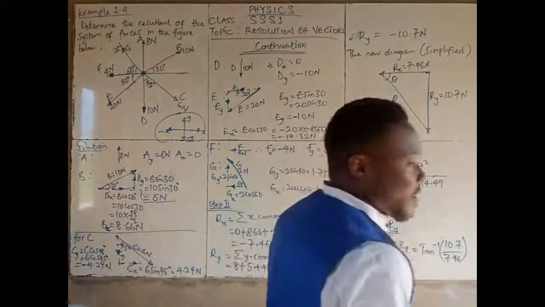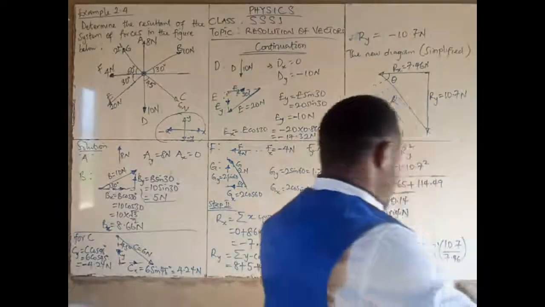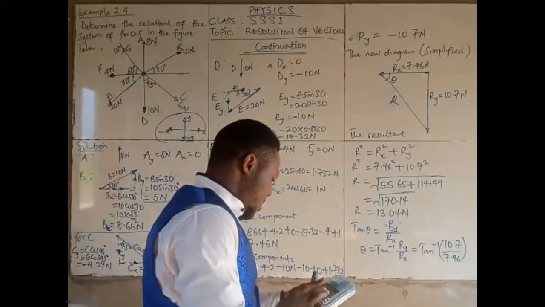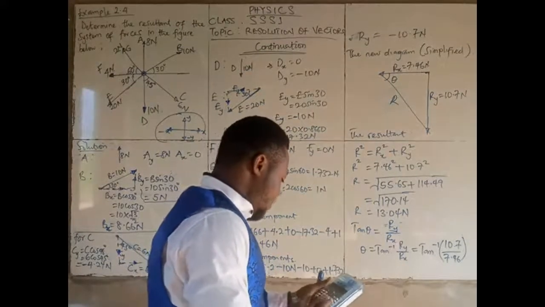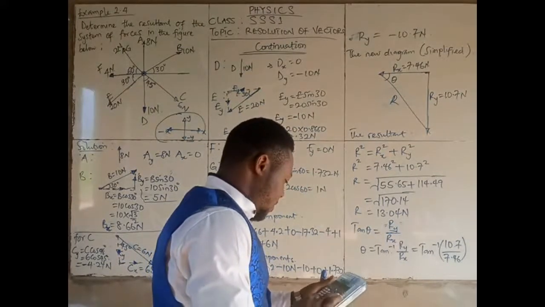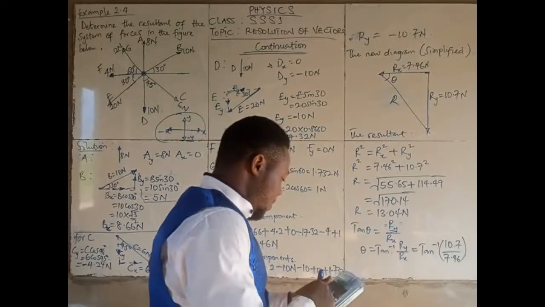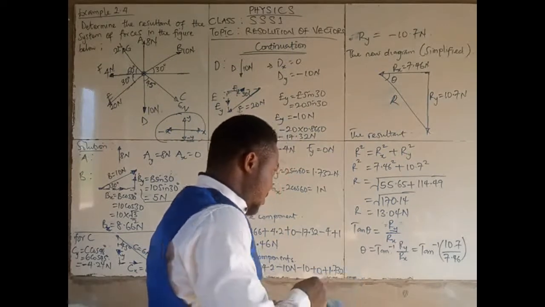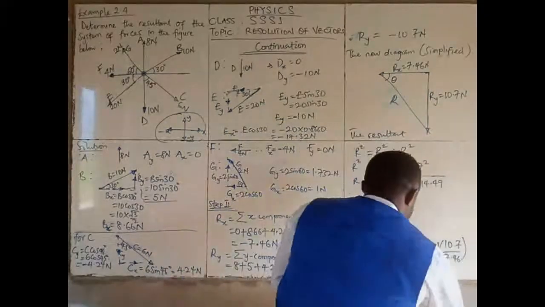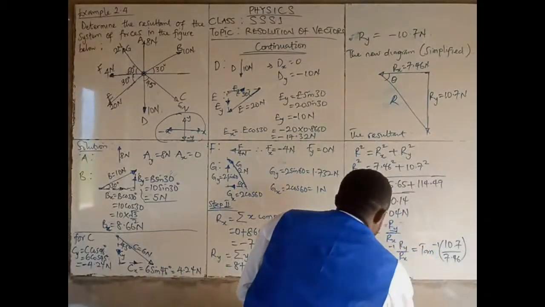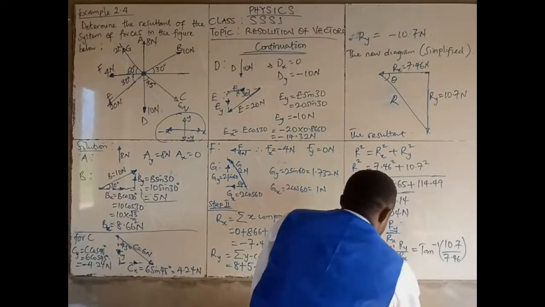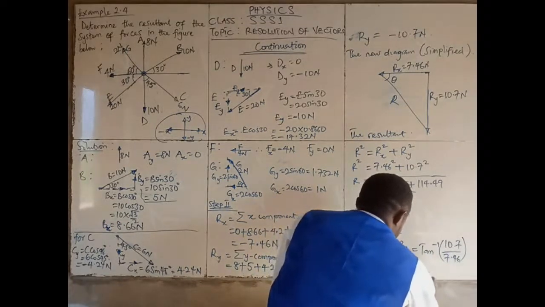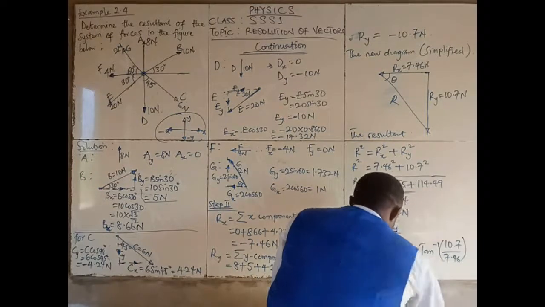Find 10.7 divided by 7.46, then take the tan inverse, that is shift tan of our answer. That is tan inverse of 1.4343.